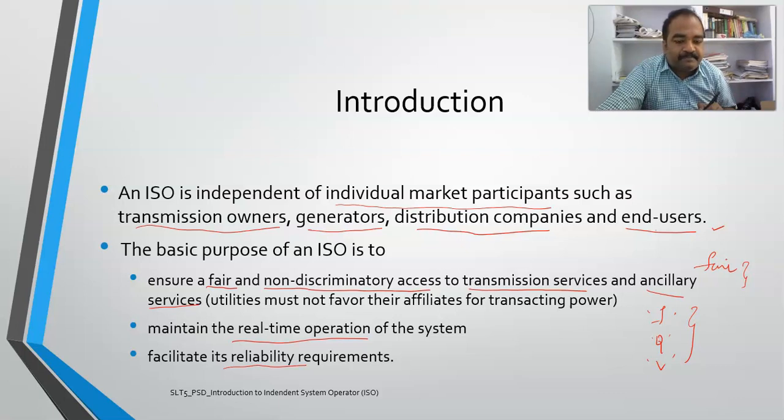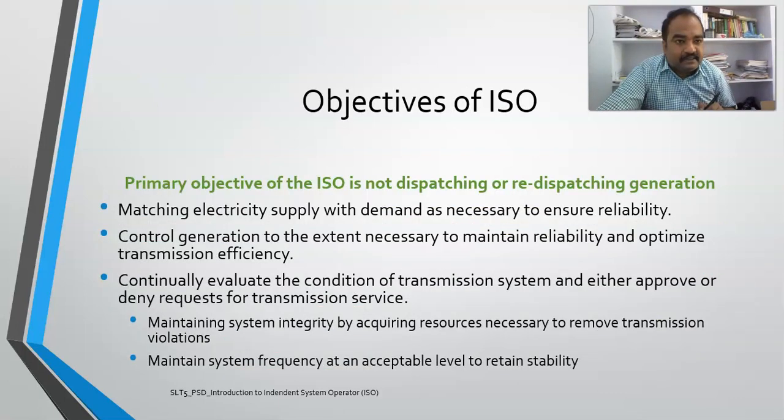Having said this, we will list out the objectives of the independent system operator. The ISO is not just about dispatching or redispatching the generation. The fundamental concept is that you should maintain a reliable power system where the demand matches the generation.